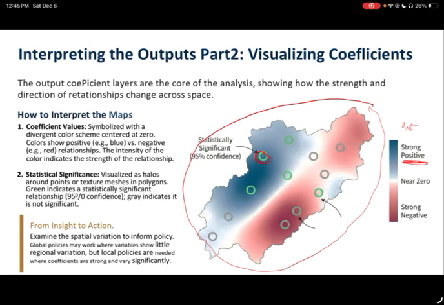But in contrast, for the red area, for example, they have a value of negative 0.2. It indicates that in this specific area, they have a strong negative association between house price and house area, I mentioned before. It means if the house area is larger, the house price is lower. So that's how you interpret the coefficients.